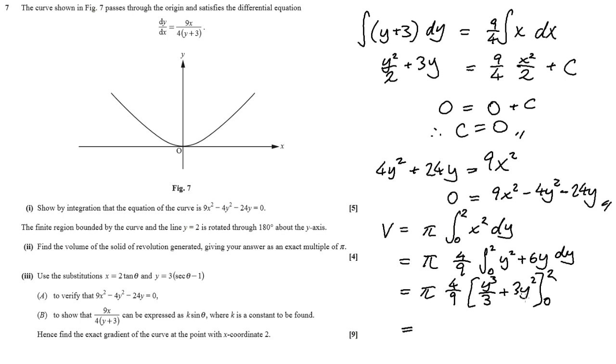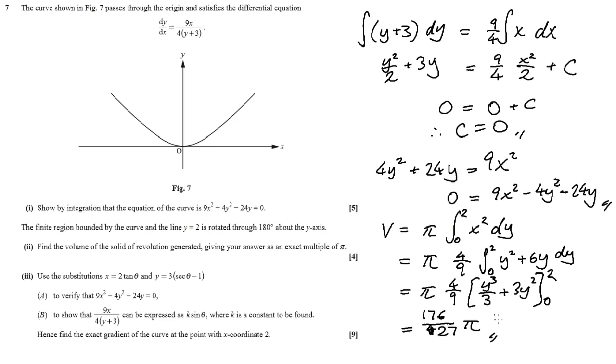If you substitute everything into the bracket, you should be able to get a value of 176/27 lots of pi. That's what I got. And yeah, that's two parts done.